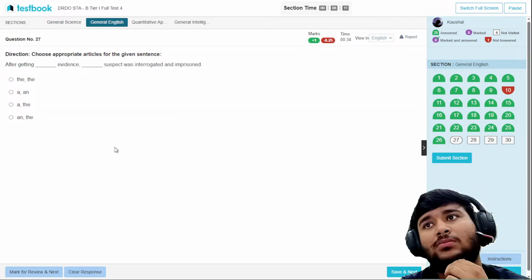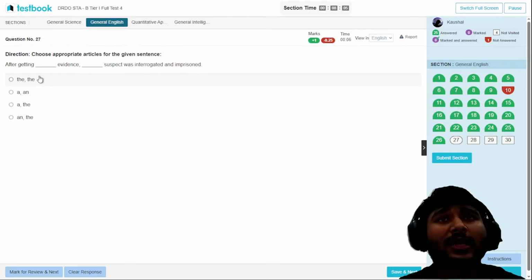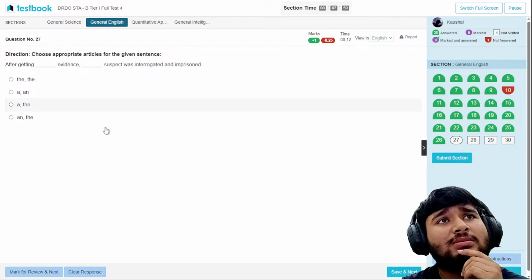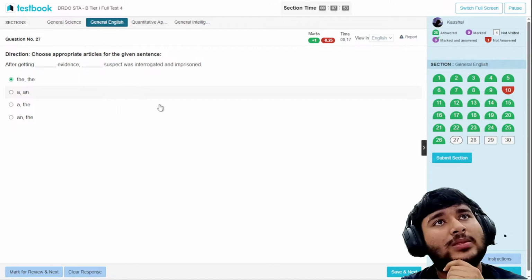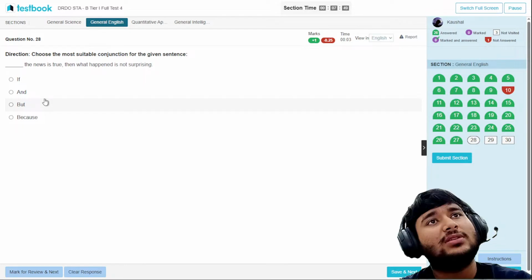After getting the evidence, the suspects were interrogated and imprisoned. If the news is true, then what happened is not surprising.